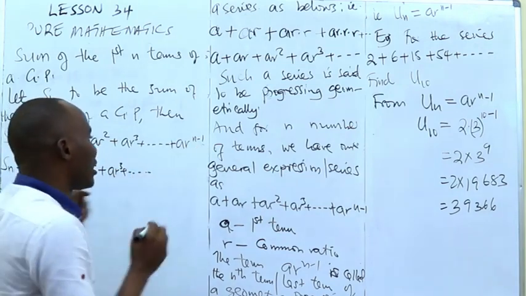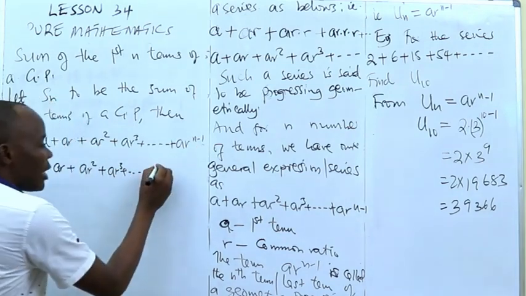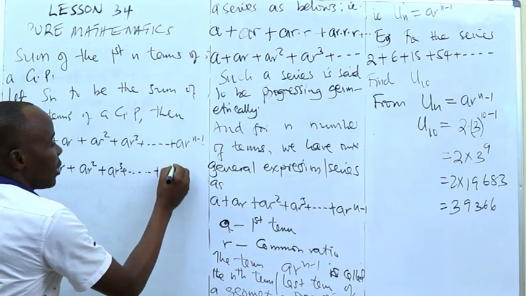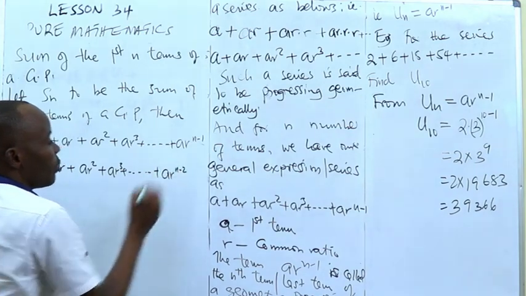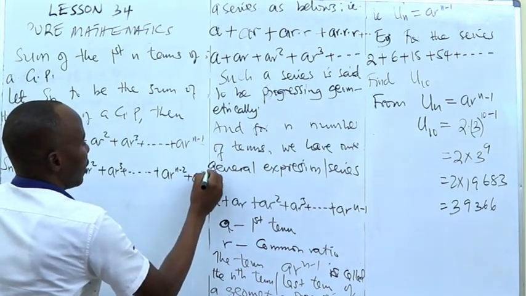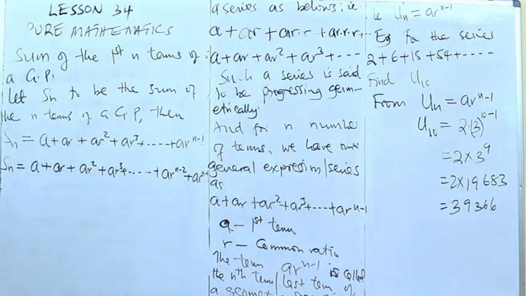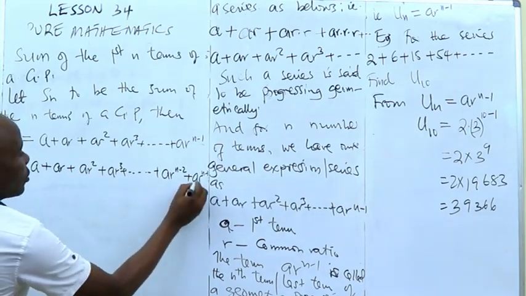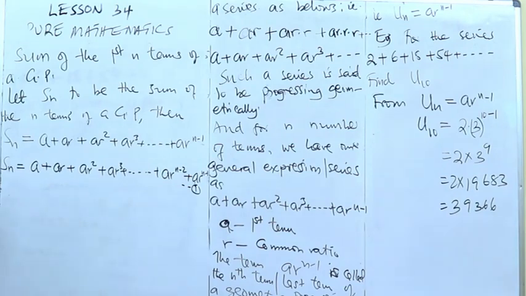Now, if this is the last term, the term before it is AR to the power n minus 2, then plus AR to the power n minus 1, which is the last term. Now, I can call this equation 1.